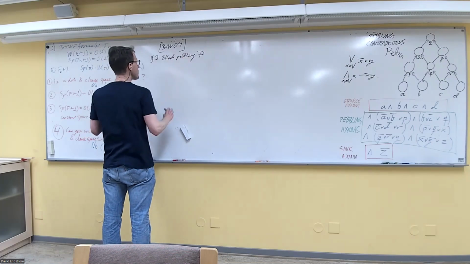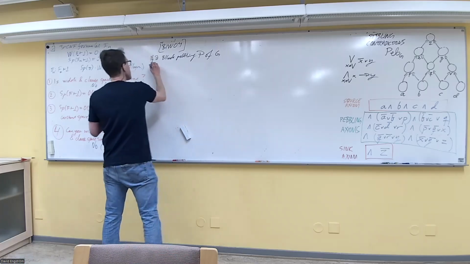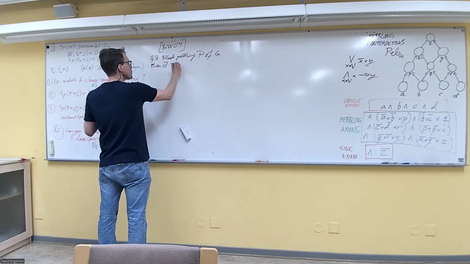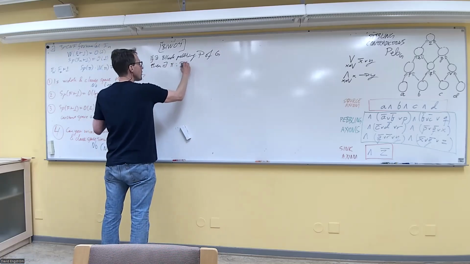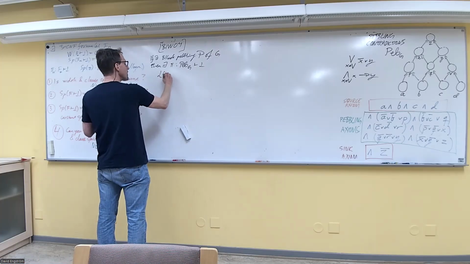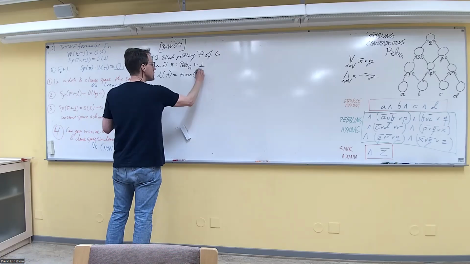So if there is a black pebbling P of G, then there exists a resolution refutation pi of Peb G, where the length of pi is basically the time of the pebbling.